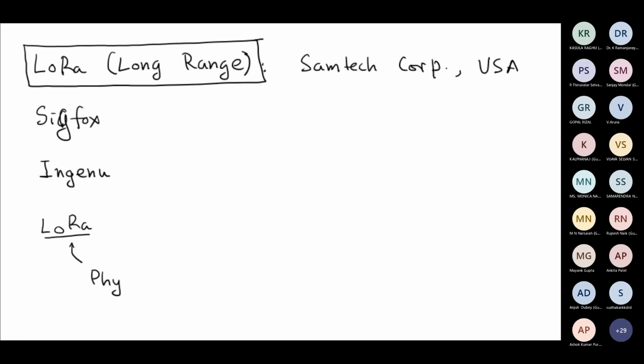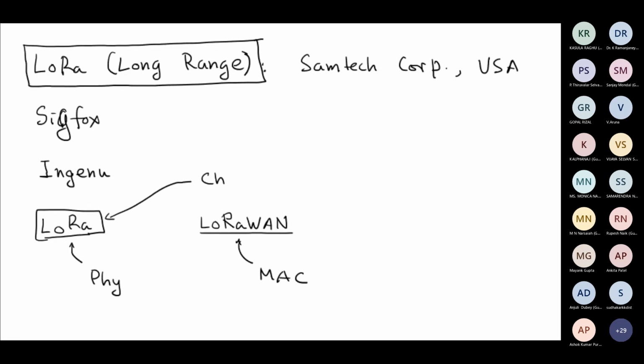this LoRa term refers to the physical layer of the communication, and a MAC layer built on top of the LoRa physical layer is known as the LoRaWAN. And the physical layer LoRa uses a modulation known as the Chirp spread spectrum.